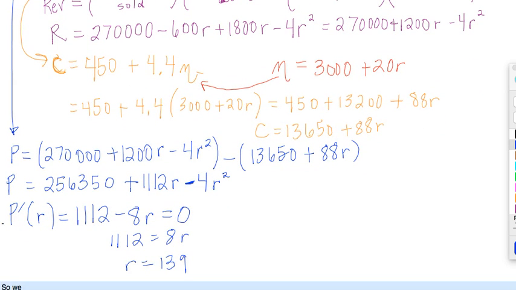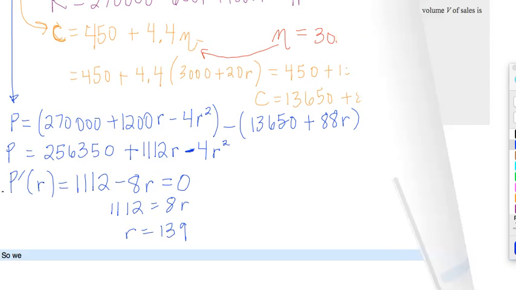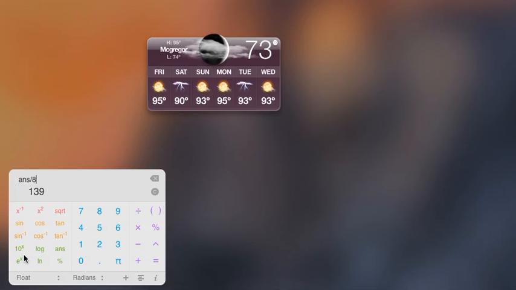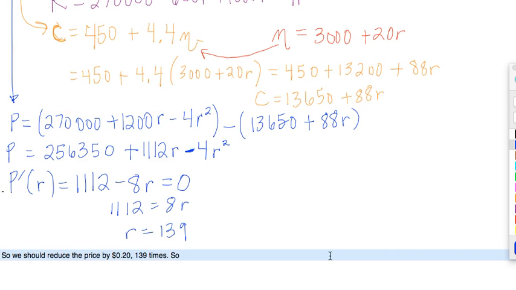So we should reduce the price by 20 cents 139 times. So what is 139 times 20 cents? Let's see what the total reduction in price should be. $27.80.